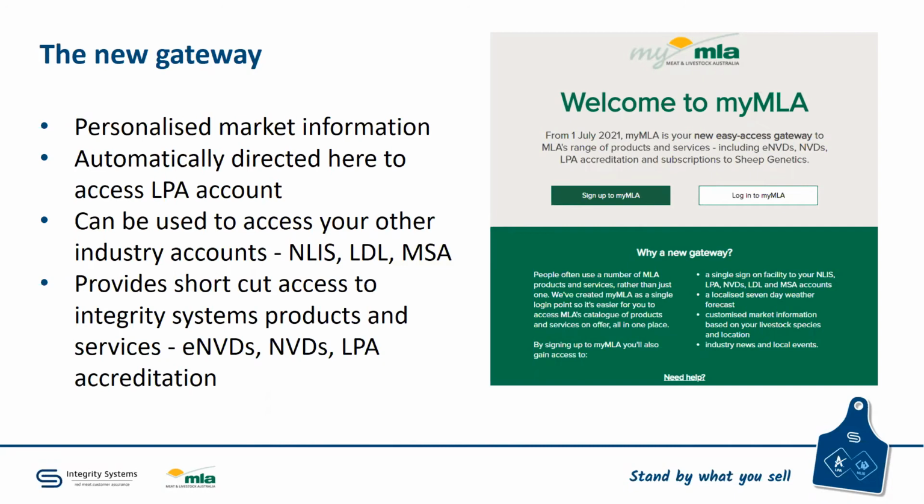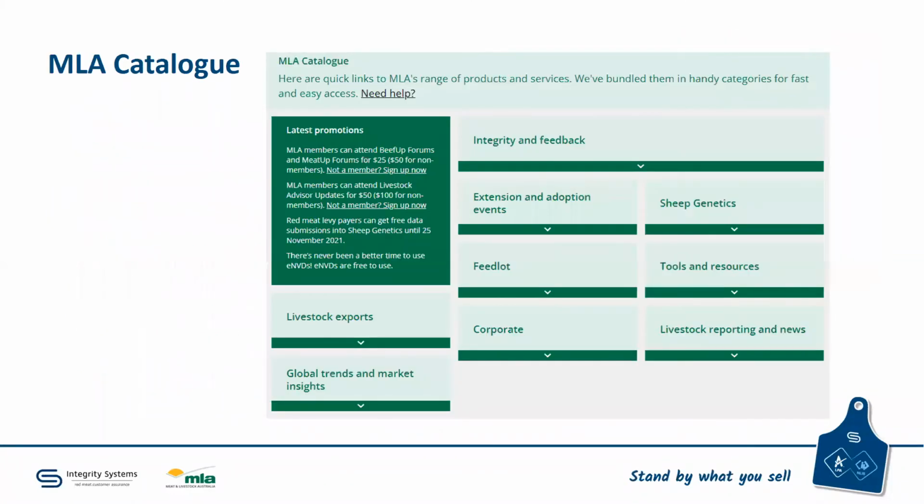So don't be surprised if you're trying to log into LPA and you end up here, because that is what will happen from now on. You can use your myMLA account to access your other industry accounts, and we'll show you how you can link those in. And an important thing about this new gateway is that there are a number of shortcuts that get you straight to where you need to go for certain things.